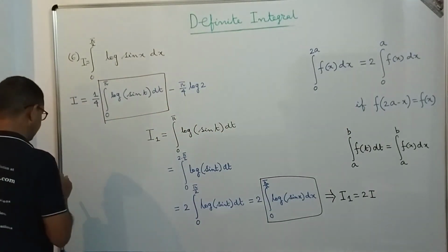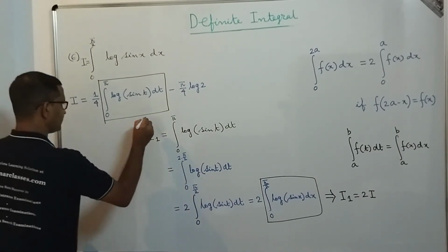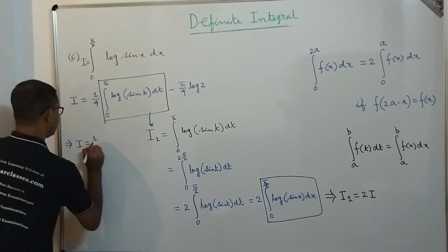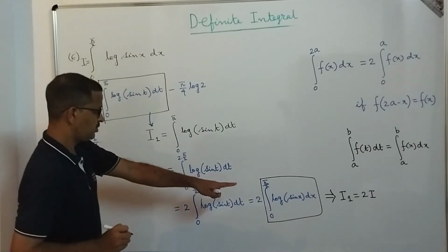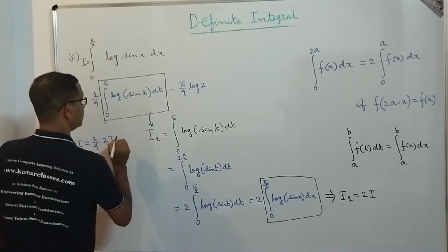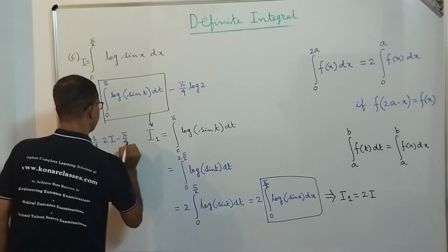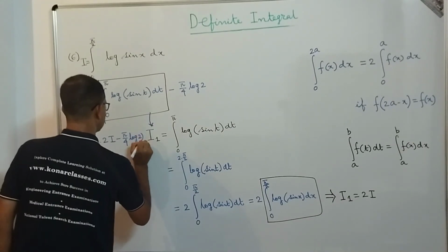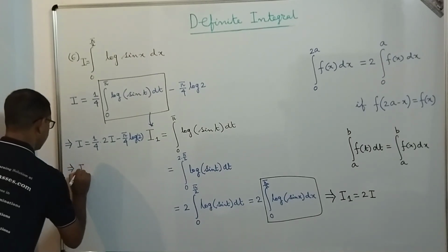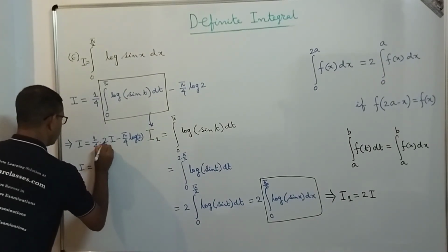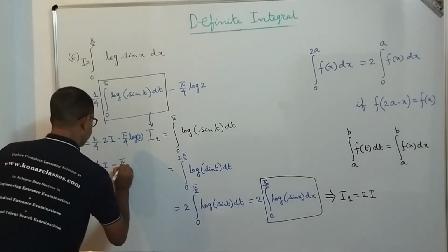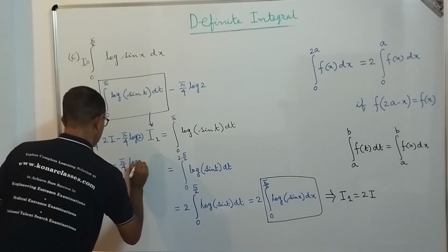So we apply this value here. This was I1. So from here we get I is equal to 1/4 into I1, and I1 is 2 into I, so that is equal to 2 into I minus pi/4 into log 2. So we get I is equal to 2/4, that means 1/2, into I minus pi/4 into log 2.